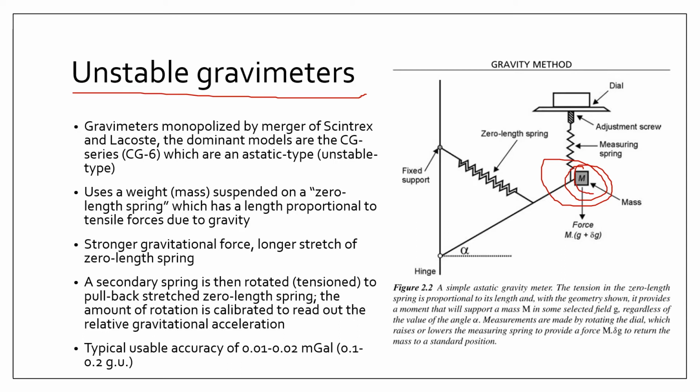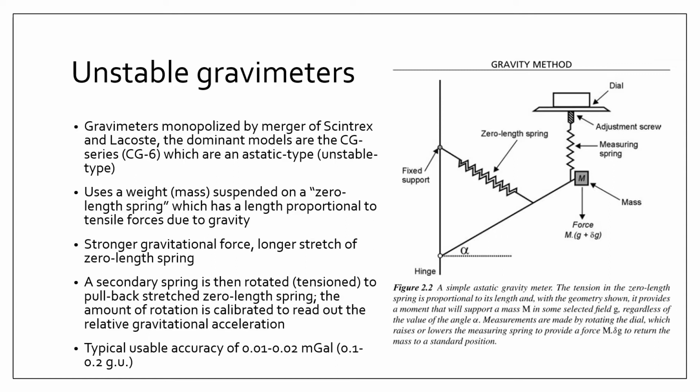And if this weight is subject to a gravitational force, it becomes even more unstable. So this setup is relatively in an unstable position, and it is very sensitive to changes in gravitational acceleration. So that makes it an unstable type of gravimeter, or astatic. Okay, so introducing any form of force will further destabilize the position of your mass.